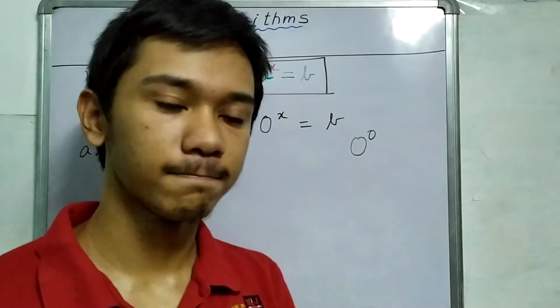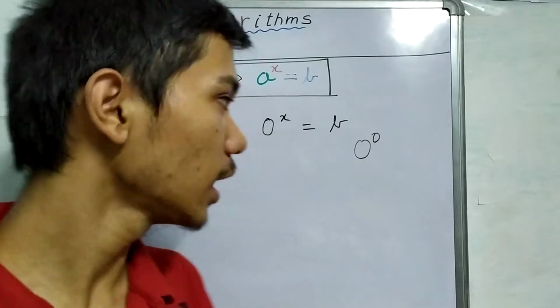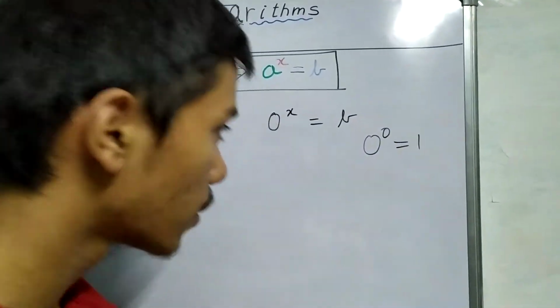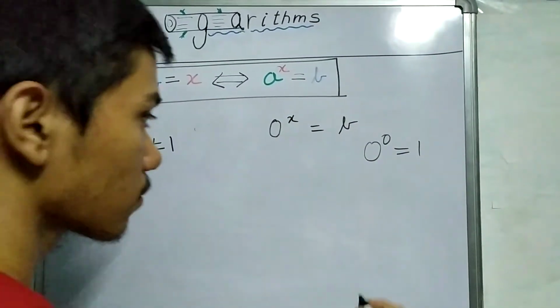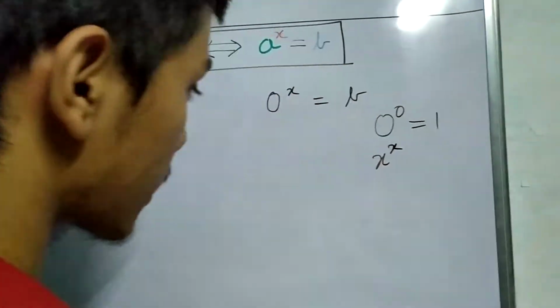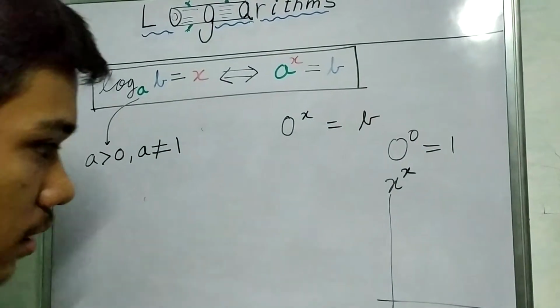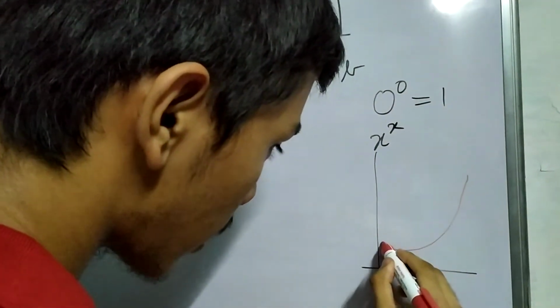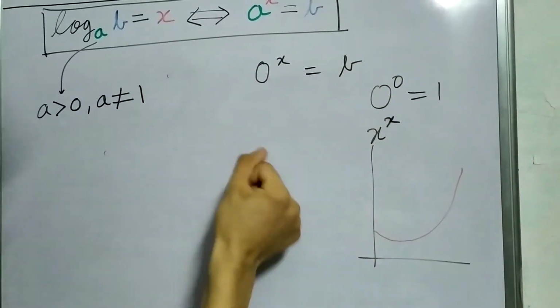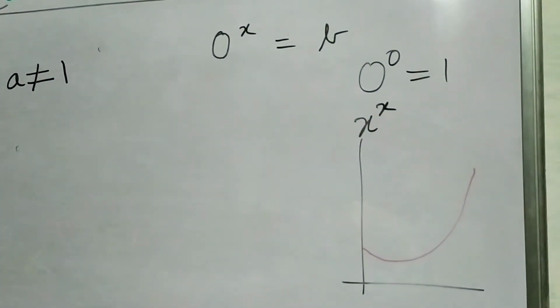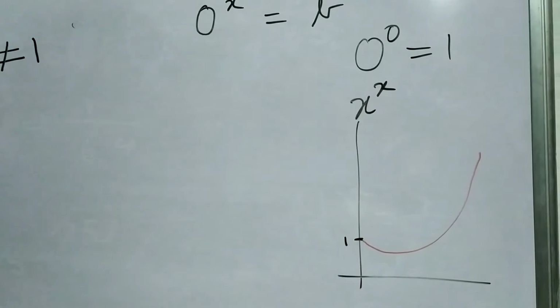Well, it's debatable. Some say 0 to the power 0 is 1, because if you graph the function x to the x, in a very rough sketch, it drops down at some value and then rises. So at x equal to 0 it becomes 1.